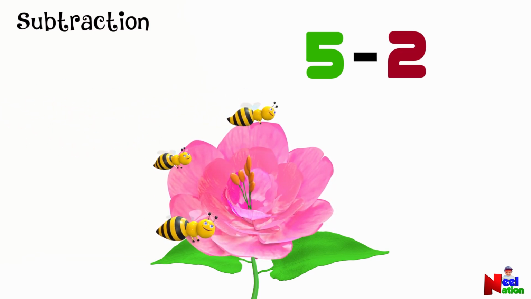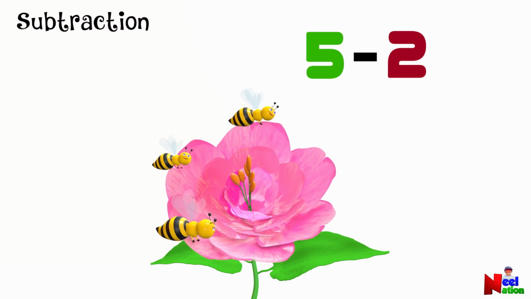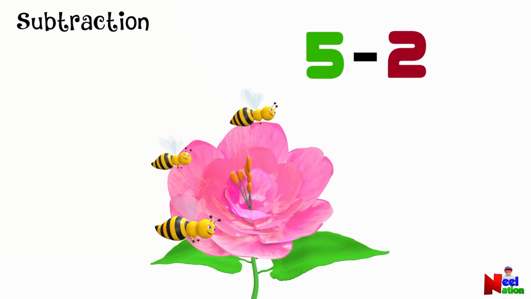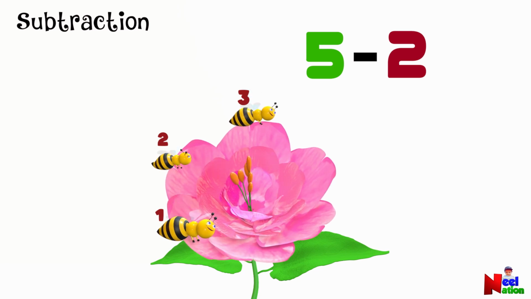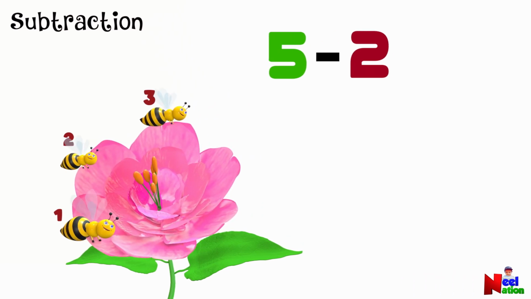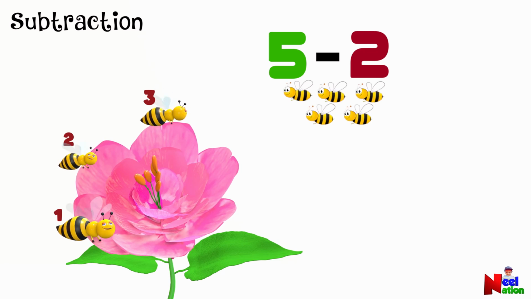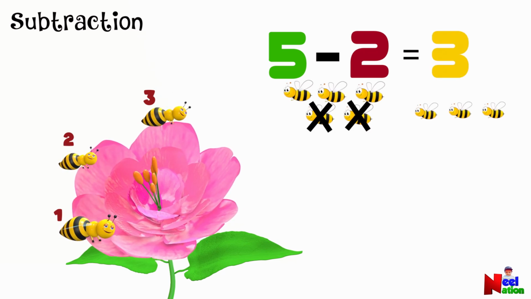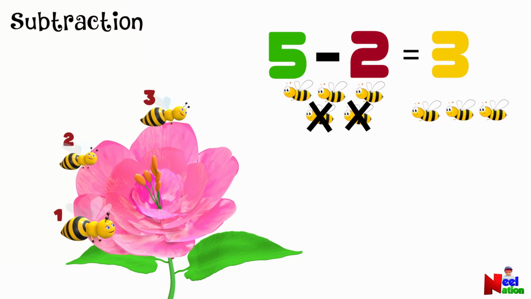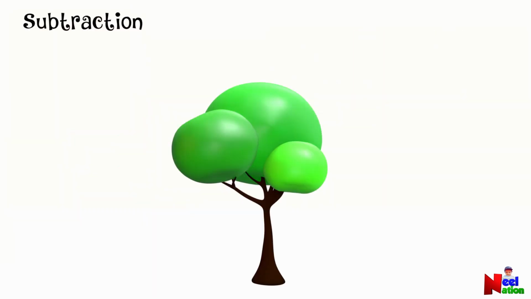Now, how many bees are left on the flower? Let's count again. 1, 2, and 3. That's right. There are 3 bees still enjoying the flower. When 2 bees fly away from 5, we are left with 3. That's subtraction in action. Subtraction helps us figure out how many remain after something is taken away.